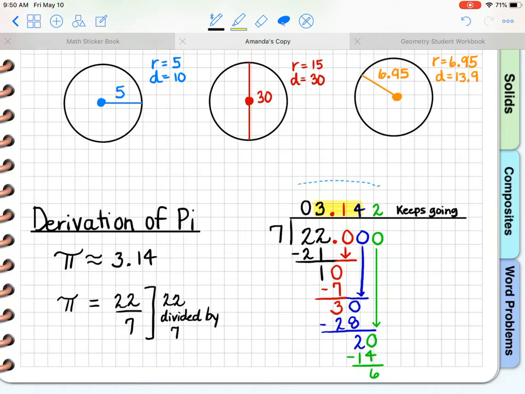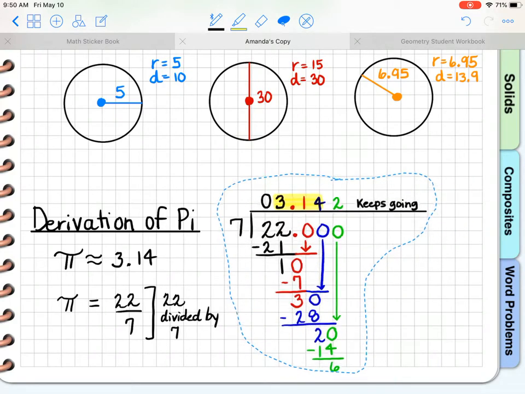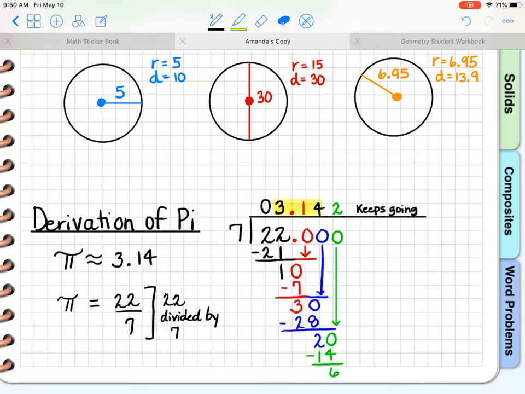So let me show you the calculator answer for this. If you type in your calculator 22 divided by 7, you are going to get a very ugly answer. You get 3.142857143, and then your calculator just runs out of room. So you can see that my problem was getting there.